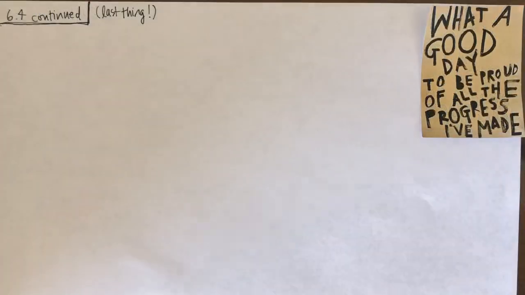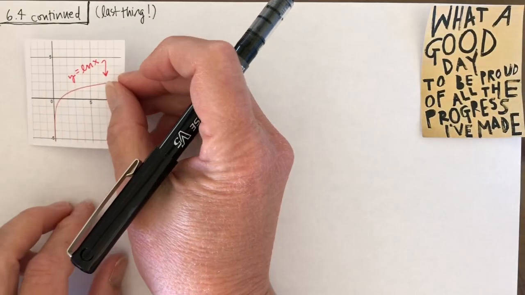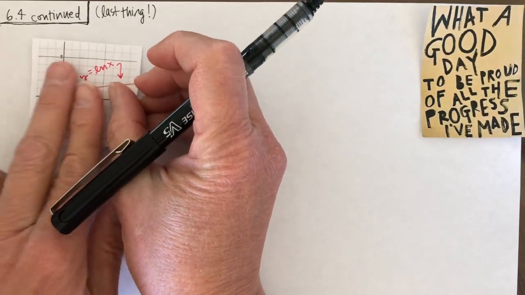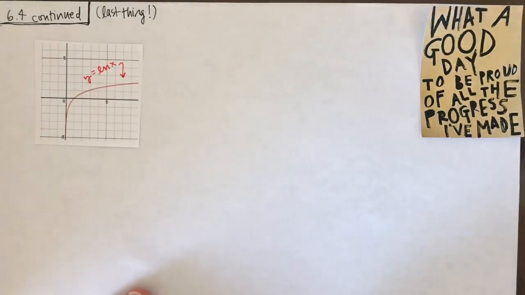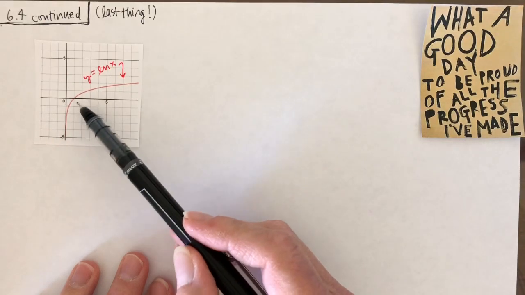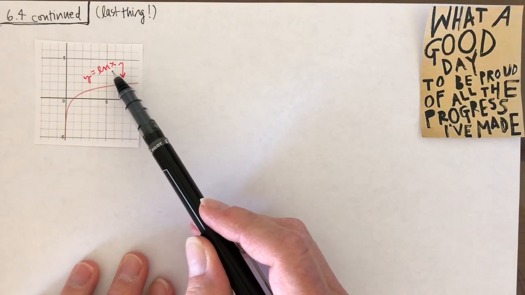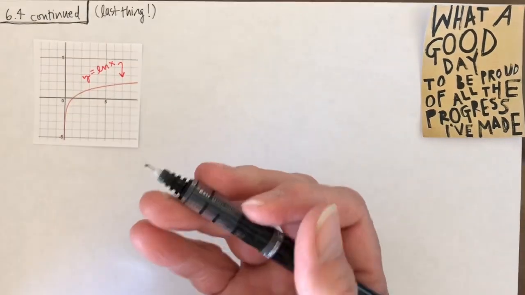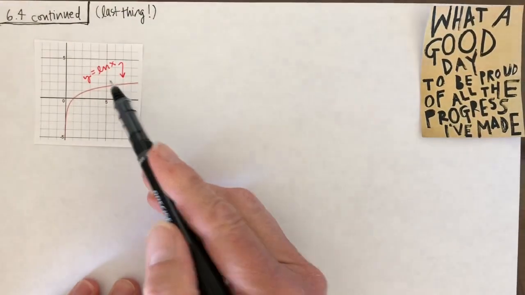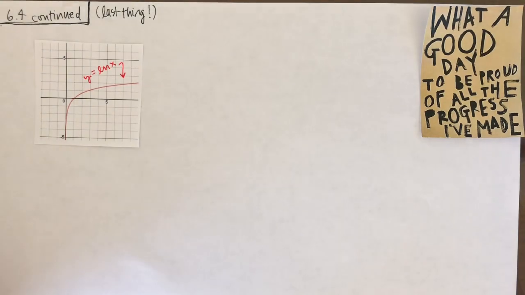Before we conclude talking about logarithms, I do want to look at what the graphs of these logarithmic functions look like. So this red line is the graph of the function natural log of x. And remember that that's just log to the base e of x.